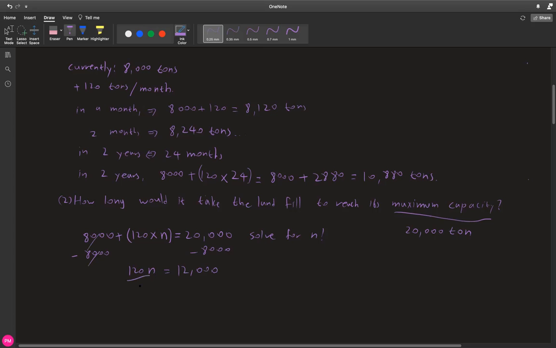Now you divide each side by 120, and you'll end up with n equals 100. So what is this n equals 100? This is the number of months it takes for this specific landfill to reach its maximum capacity from day one. So here's your answer.